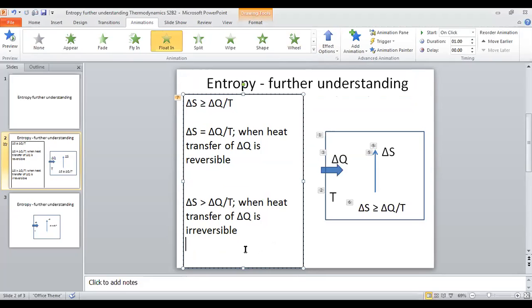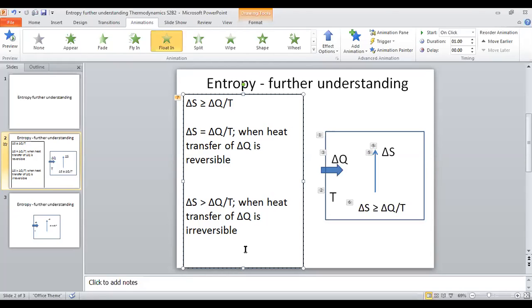Irreversible. So same delta Q, same T, but when it is reversible, delta S is equal to this. Which means whenever there is a heat transfer, there is an entropy increase. The minimum entropy increase is delta Q by T when this heat transfer is reversible.